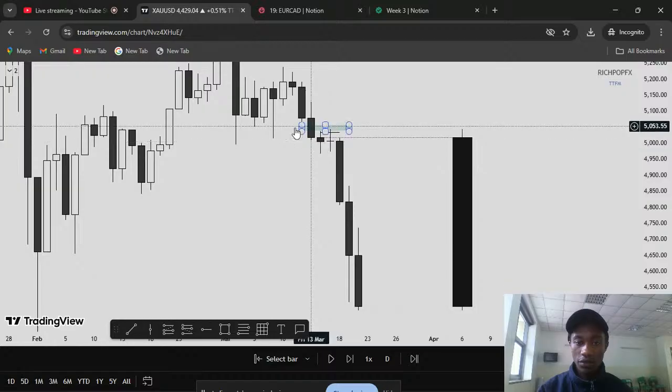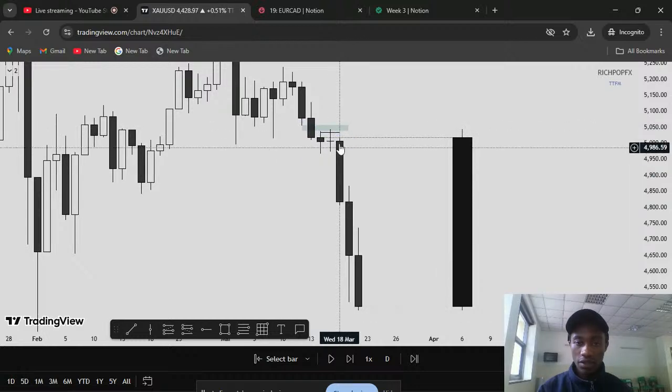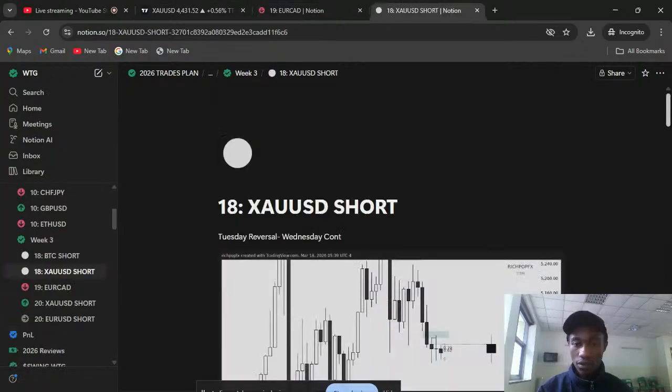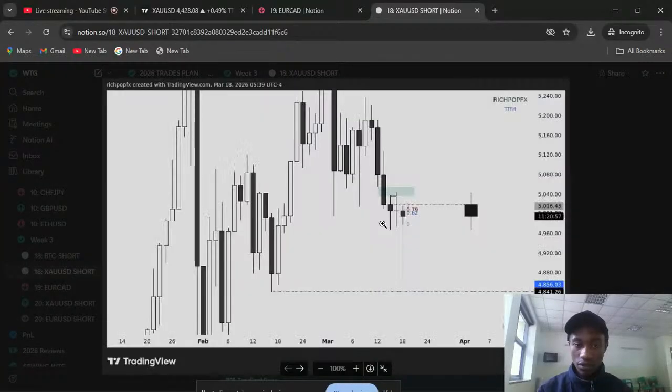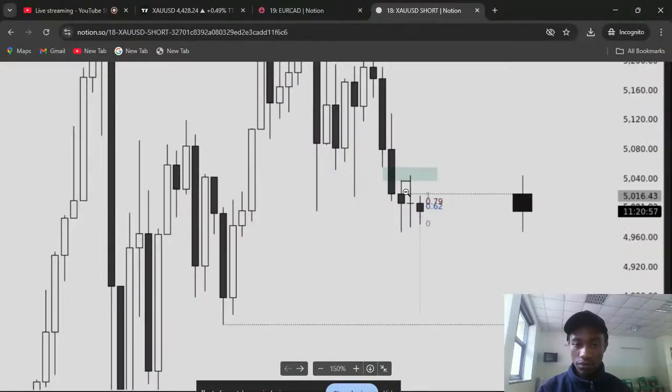We just created this daily fair value gap. And then Tuesday swept the high, and I was expecting this candle to expand, and that's what I put in my journal. Tuesday reversal, Wednesday continuation. That's something I was expecting, and as you can see on this chart.